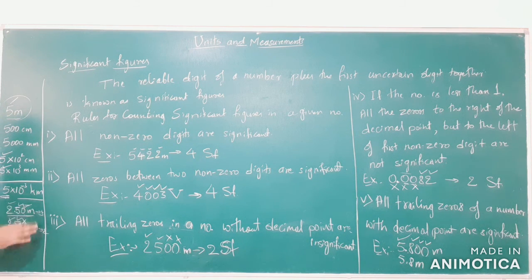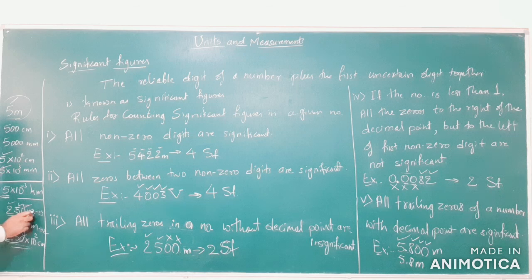To avoid this confusion, we should retain the same measurement, 2.50. When we convert, the same rule should be followed. We should put the powers of 10, 2.50 into 10 to the power of 2 centimeter for the conversion, and using this we can see we still have three significant figures, 2, 5 and 0.